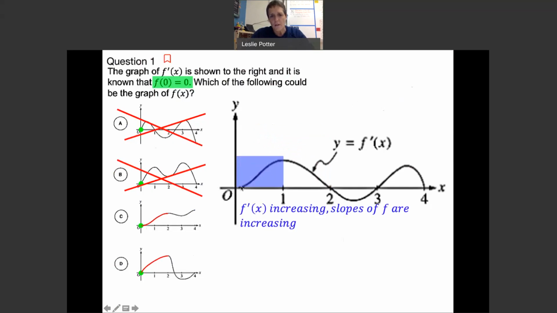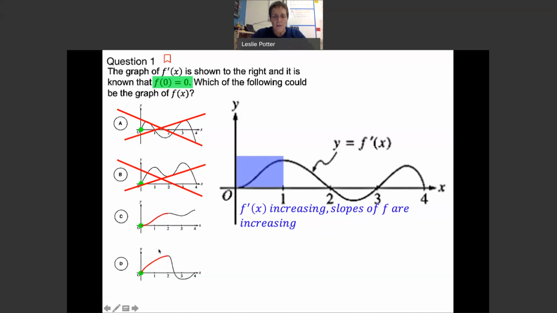We know that these values are increasing. It looks like the derivative values start at 0, and then at the end of the interval here at 1, we have some sort of maximum value of the derivative. So we know the derivative is increasing, which means the slopes of function f are increasing from 0 to 1.